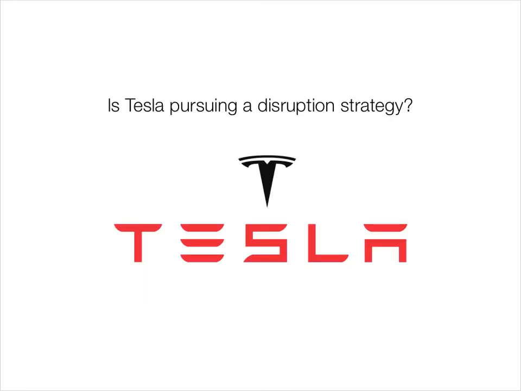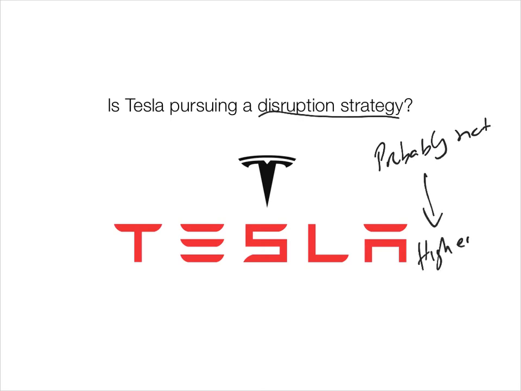Question I often get asked is, is Tesla pursuing a disruption strategy? It is often talked about in that regard, and the answer is probably not. Okay, and why? Because it has targeted the high end of the market. It has gone direct head-to-head with the luxury car makers in what it is doing in the car market.